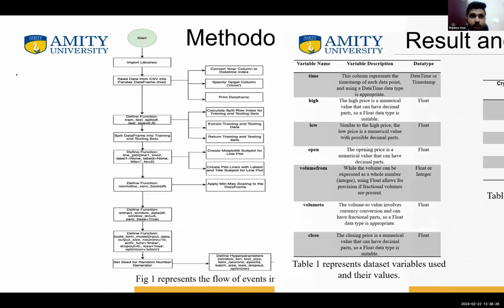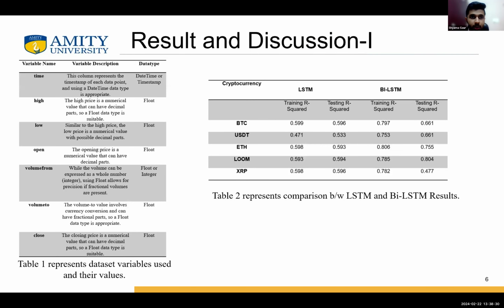Now, quickly jumping on to the results. Here, Table 1 represents the various parameters or variables we included in the dataset, namely time, high, low, open, volume from, volume to, and close.